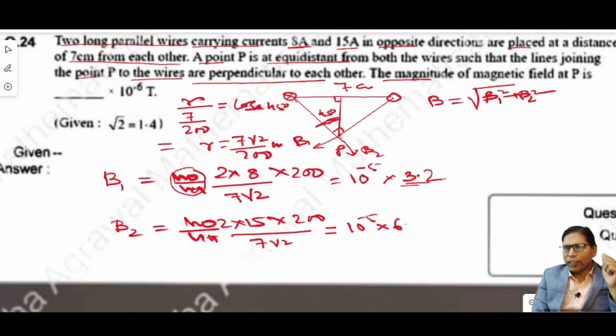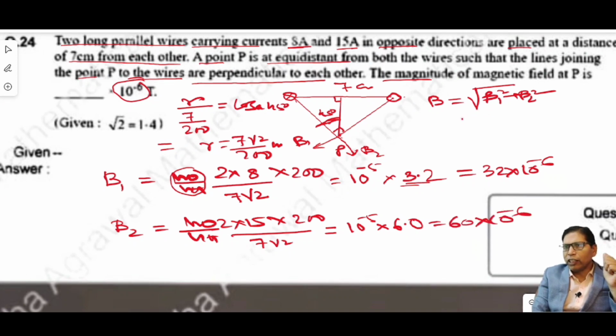So this is 6.0. Now here the answer is something into 10 to the power minus 6. So this can be converted as 32 into 10 to the power minus 6, and this is 60 into 10 to the power minus 6.